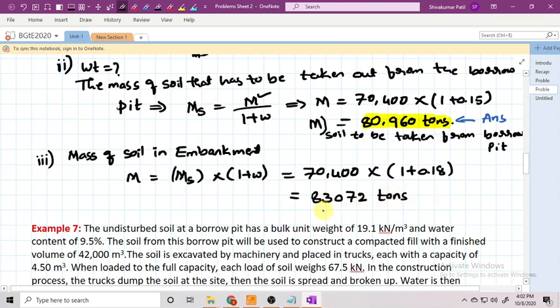Keep in mind this is in embankment, and that was in borrow pit. So this is the third part of your question.